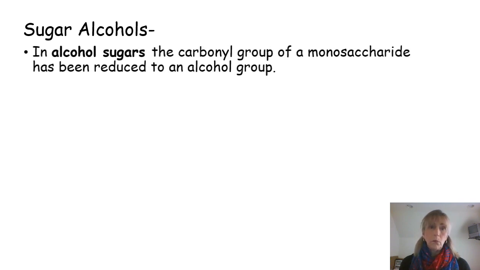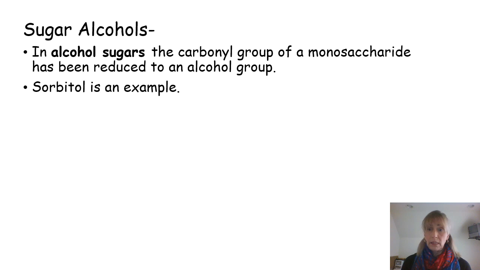All right, our next derivative, sugar alcohols. In sugar alcohols, or alcohol sugars as they're sometimes called, the carbonyl group of a monosaccharide has been replaced or reduced to an alcohol. All right. An example of a sugar alcohol or an alcohol sugar is sorbitol.